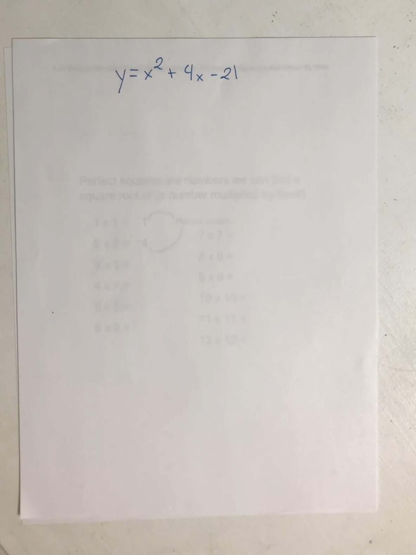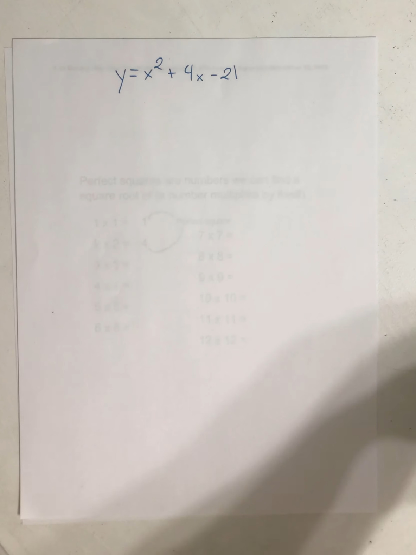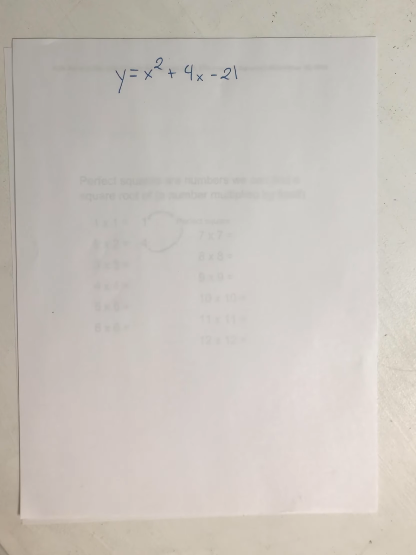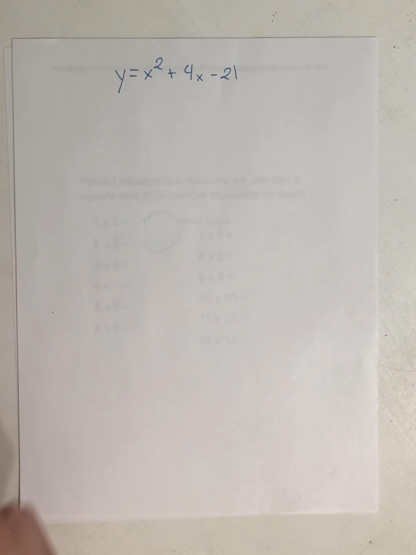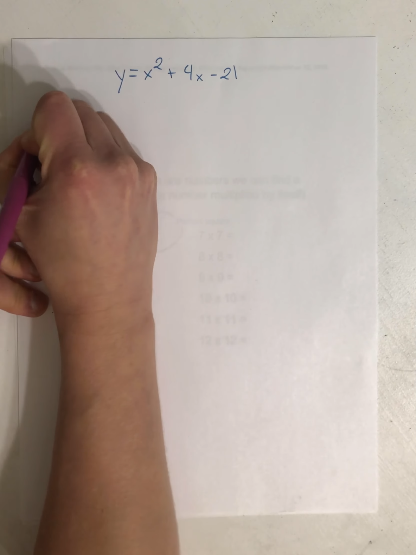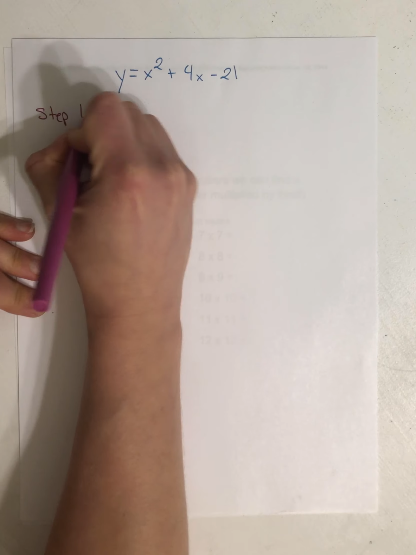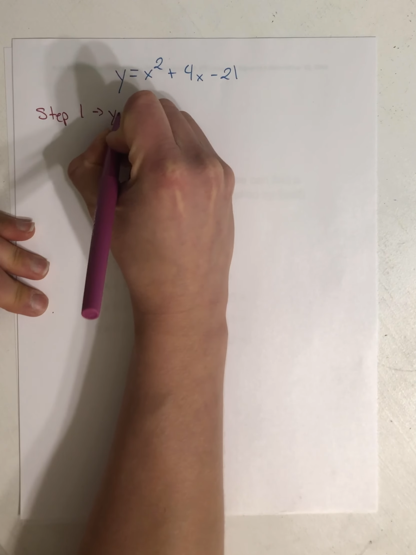Okay, so we're just quickly going to take a look at another example of graphing. So we're going to do this one and get all of the information. So let's start with our step one. Our step one is to get the y-intercept.